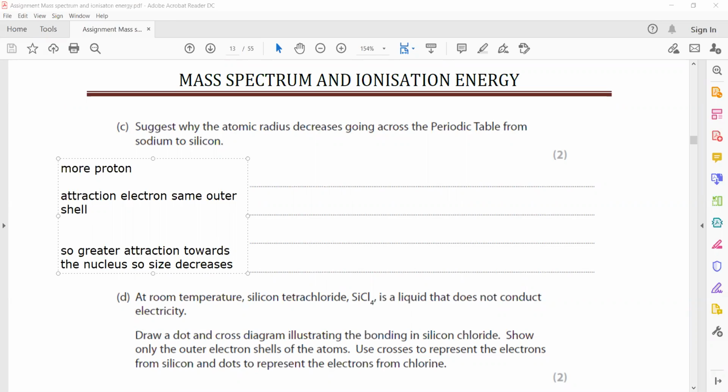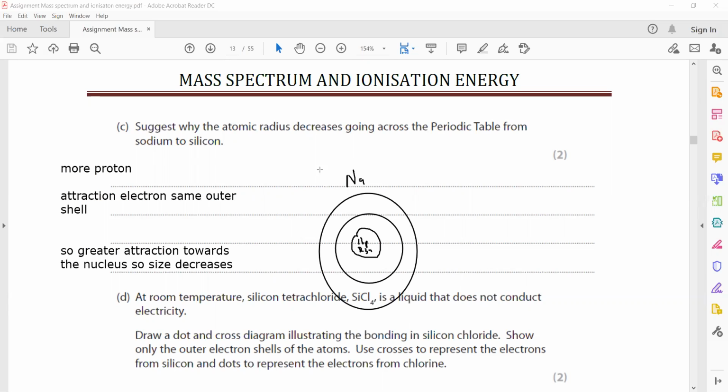Because what happens, for example, if I draw sodium, this is the nucleus of sodium, which has 11 protons and 12 neutrons. The first shell has 2 electrons, the second shell has 8 electrons, and the third shell has 1 electron.